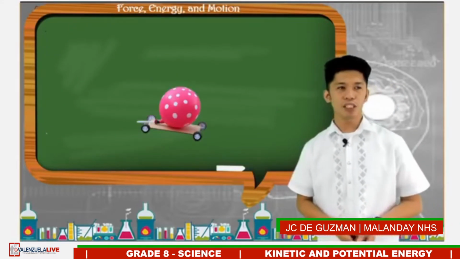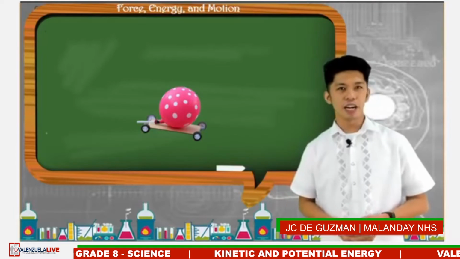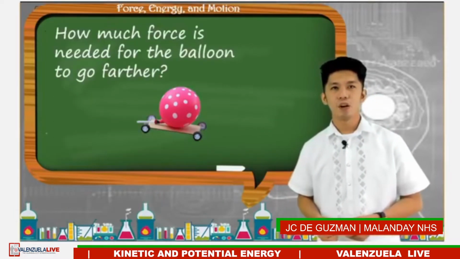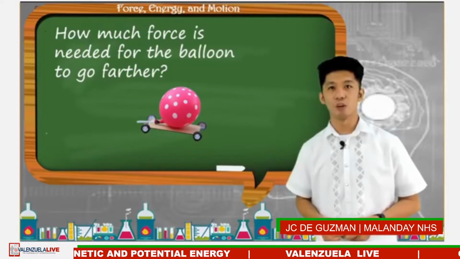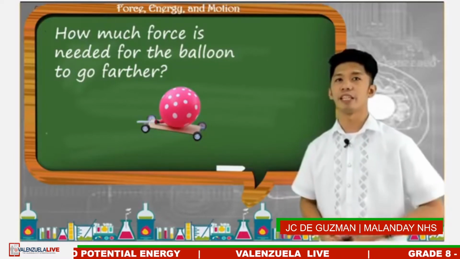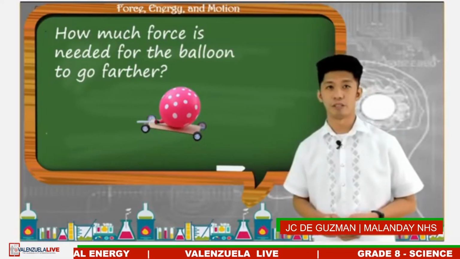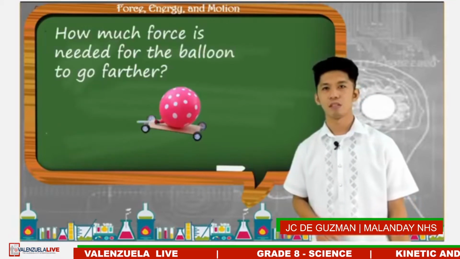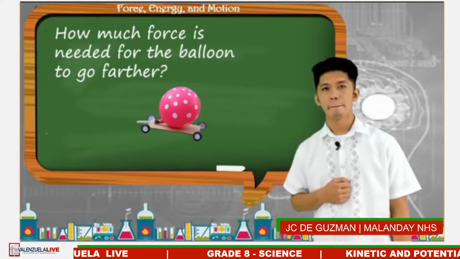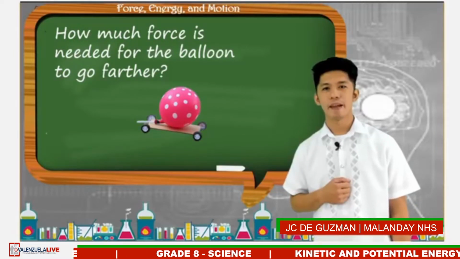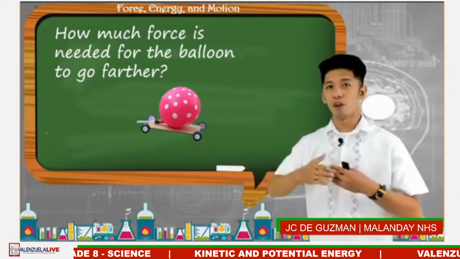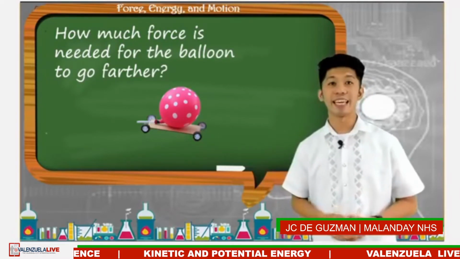Alright, so, for example, I have here a toy car. Now, what do you think would be the force needed for the balloon to go farther? Do you have any idea? Alright, so the higher the force, the farther the toy car gets.